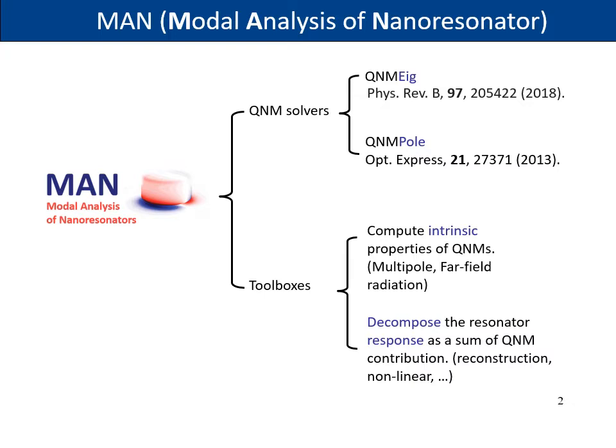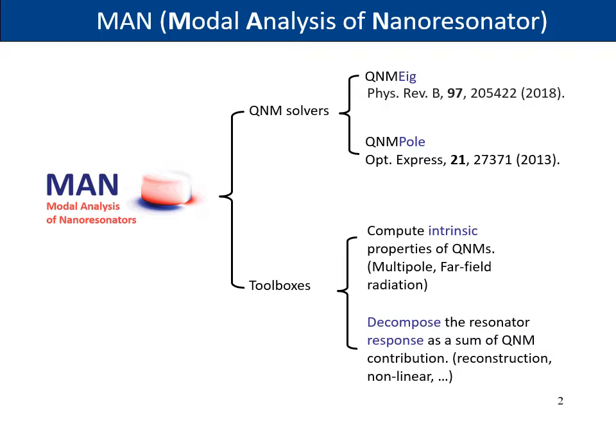These packages compute and normalize the QMs of virtually any electromagnetic resonators, be they periodic, non-periodic, dispersive or non-dispersive, isotropic or anisotropic. They also compute many important figures of merit of the QMs, such as their quality factor and mode volumes.